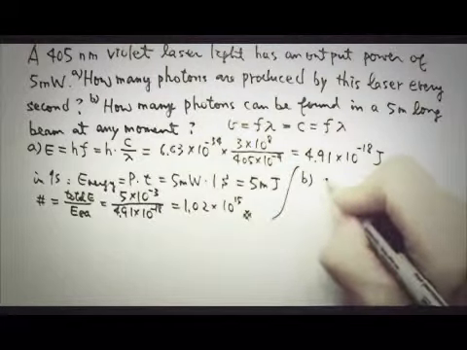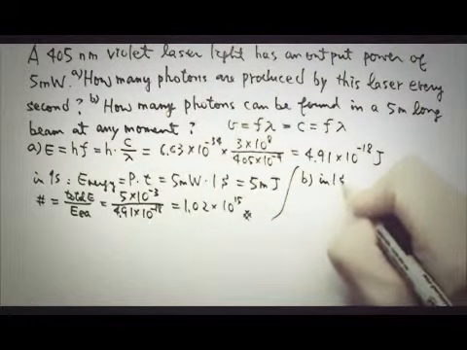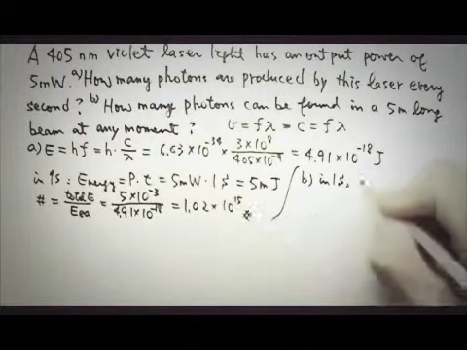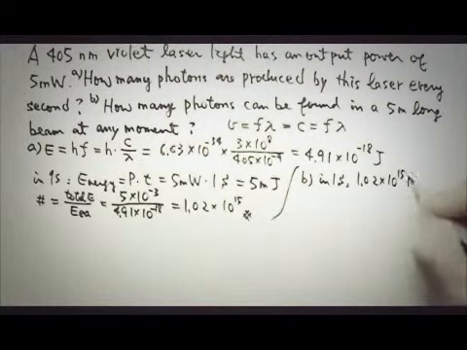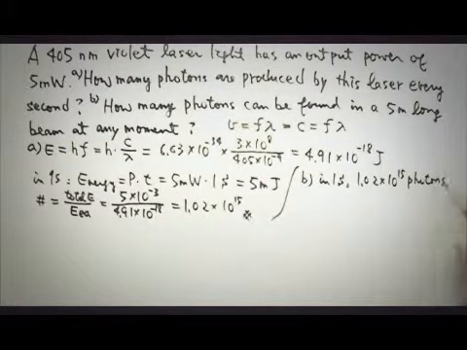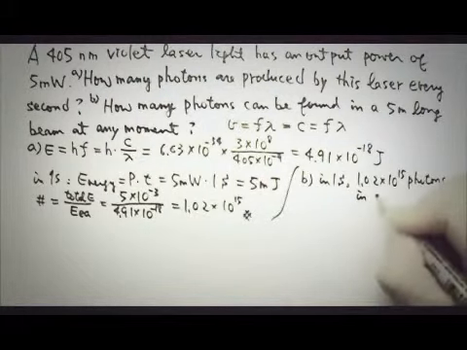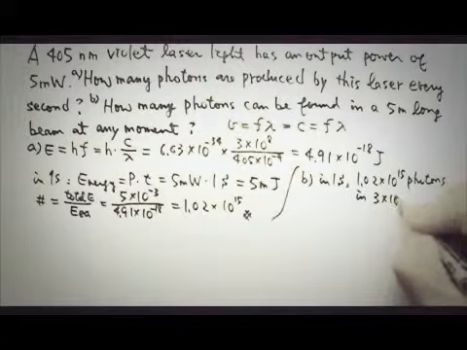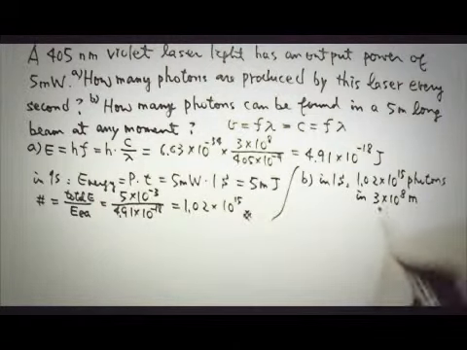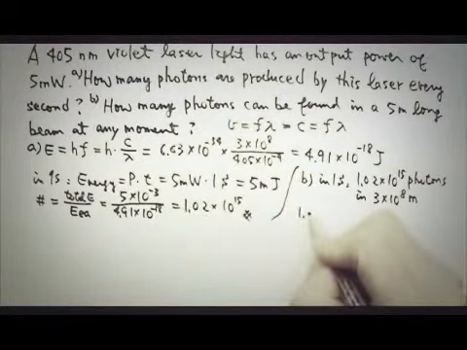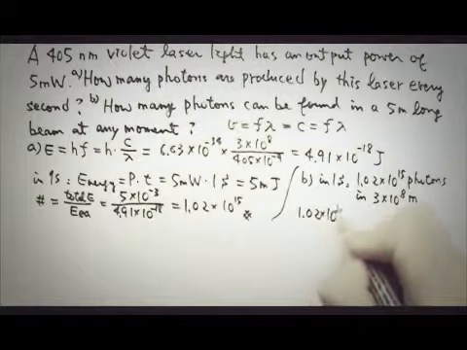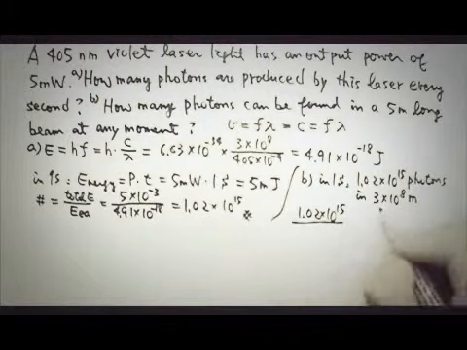So in 1 second, we would have 1.02 times 10 to the 15th photons in a beam that is 3 times 10 to the 8th meters long, because that's the distance light can travel in 1 second. So we have 1.02 times 10 to the 15th photons in that length.